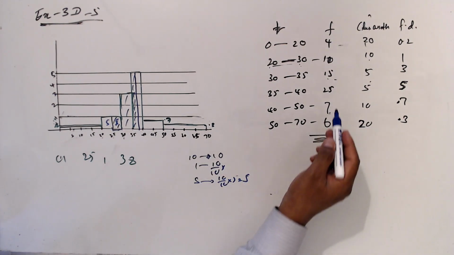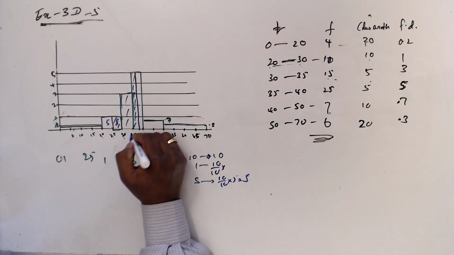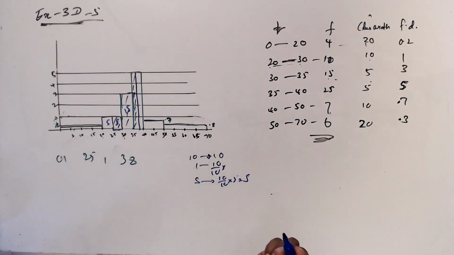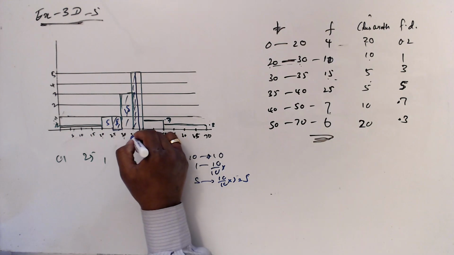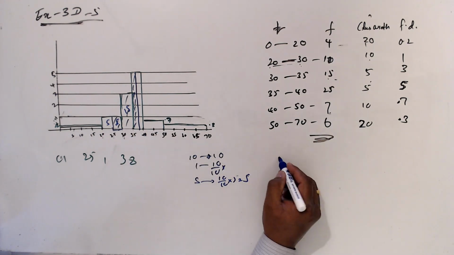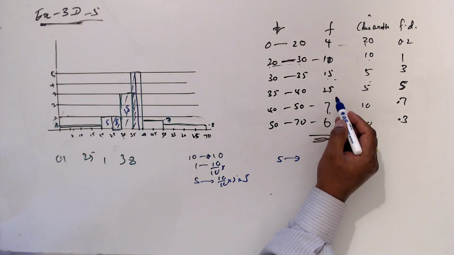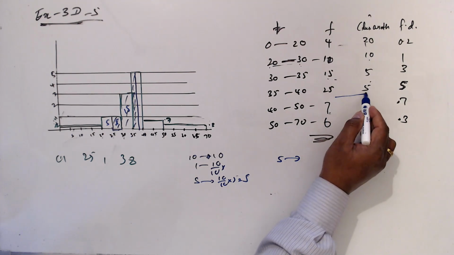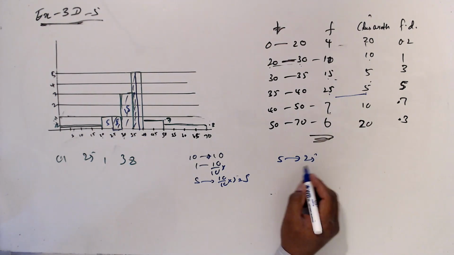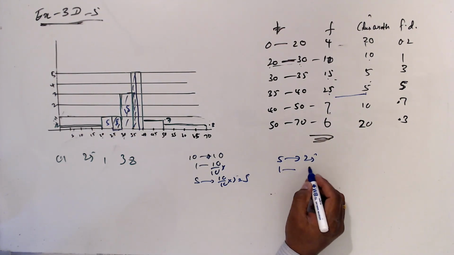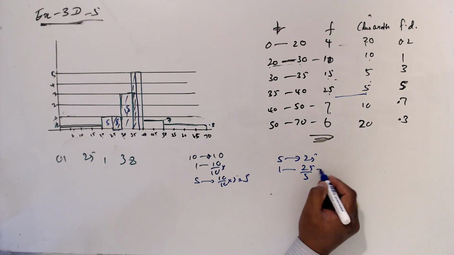And we know this is going to be 20, 30 to 35, 15. And then 35 to 40, that is 5 area represent class width 5, 25 people. So one class width represents this one, 5.